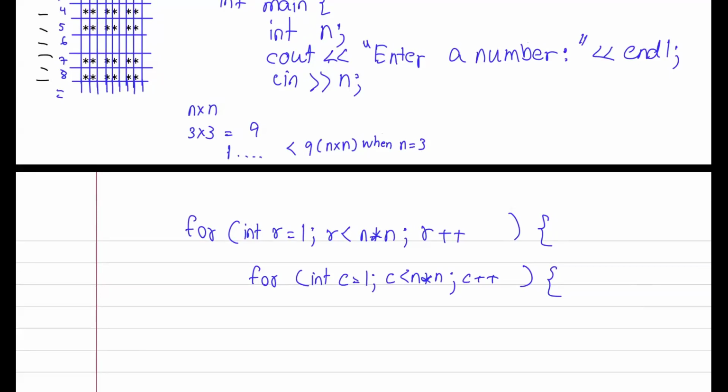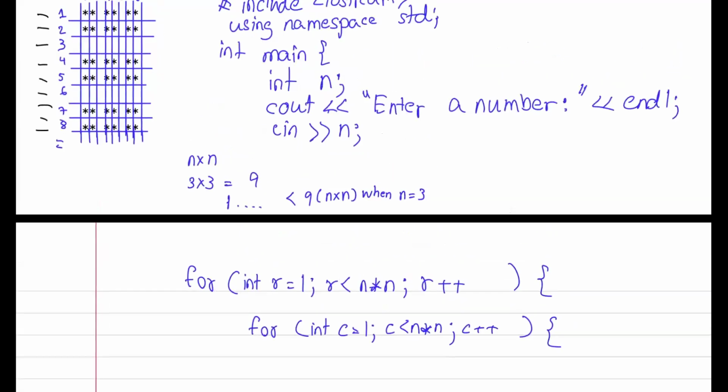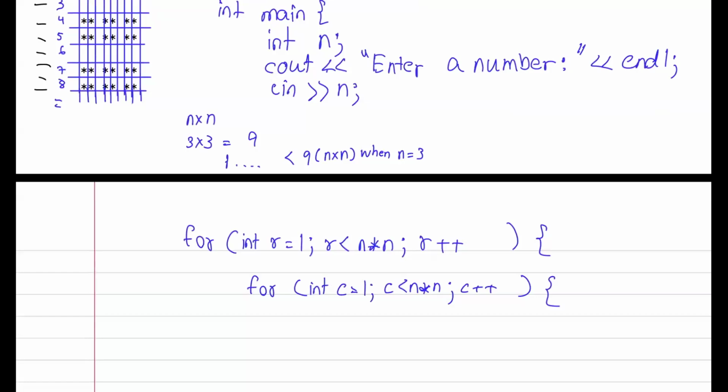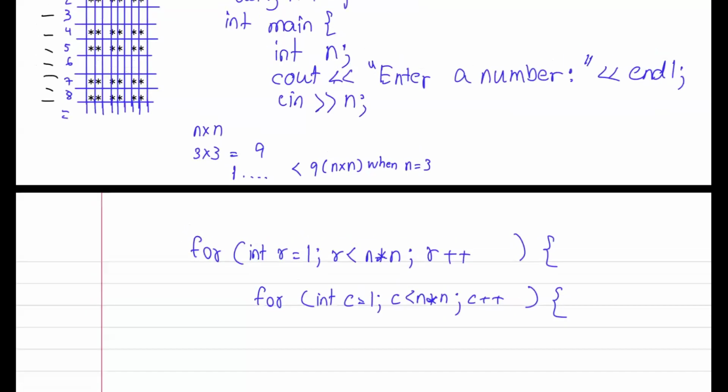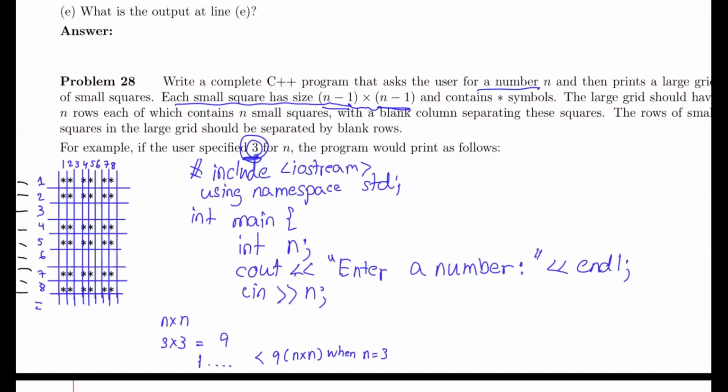Sorry, I have a question. Why did you put n times n? Because I get 3 times 3 equals 9. Is that the reason you said the row is less than n times n and the column is less than n times n? Yes, because here, so the question is, let's see in the question.